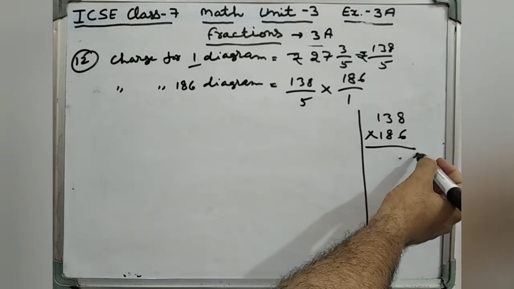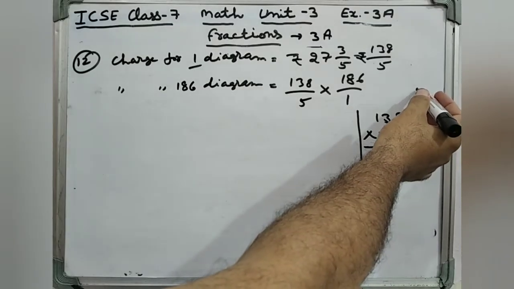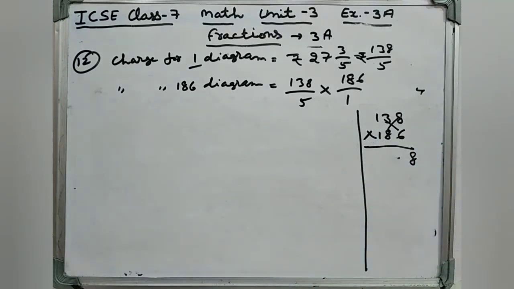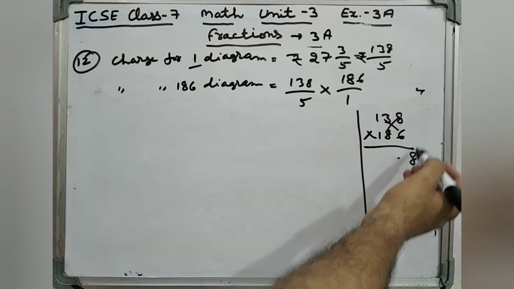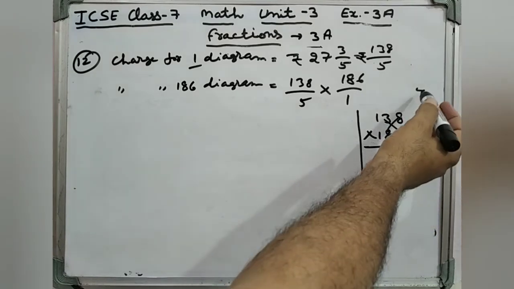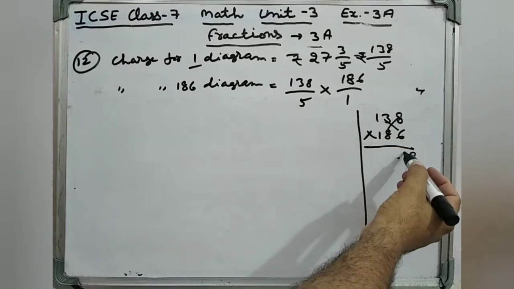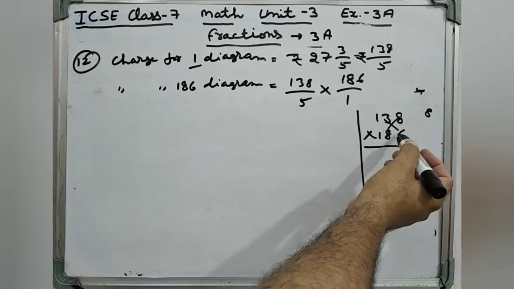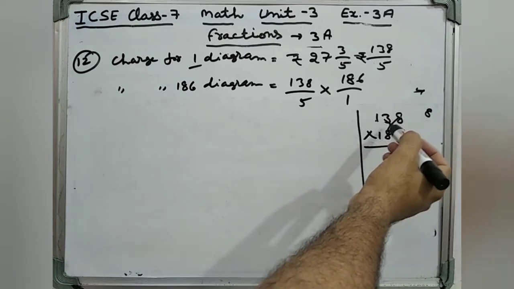Now 8 6 ja 48, 4. 6 3 ja 18 plus 4, 22. 8 8 ja 64 plus 22, 86. Now carry 8. We'll add it in the next step. 6 1 ja 6 plus 8, 14. 8 1 ja 8, 14 plus 8, 22.